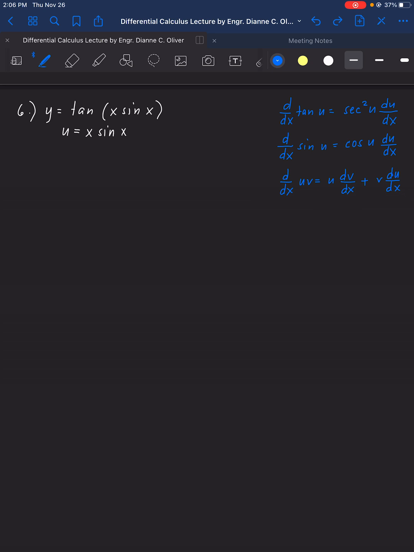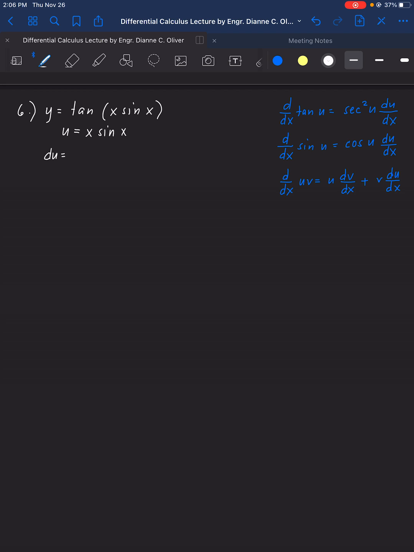So here, this is the u and this is the v for the derivative of the product. So we're going to use these three patterns in solving example number 6. Okay, now let's derive u.